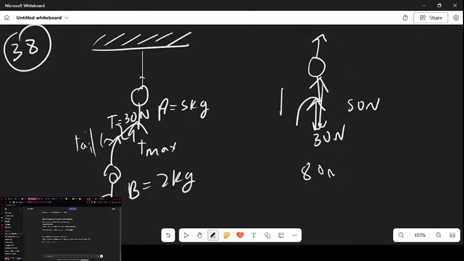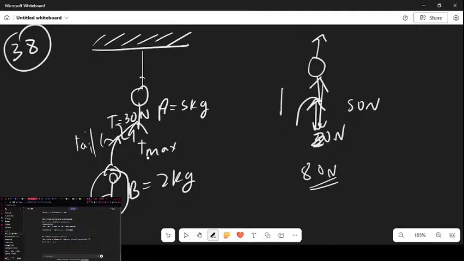Yes, 80 Newton. Okay, we need to find the range. At max, it's going to apply 20 because this mass is 20 Newton.